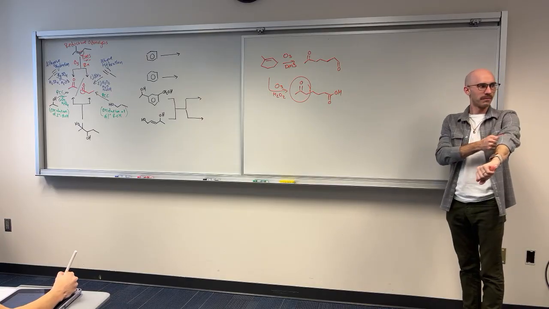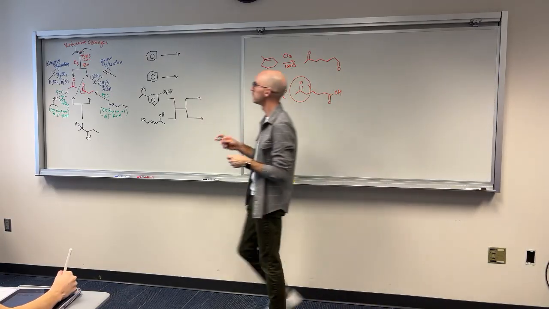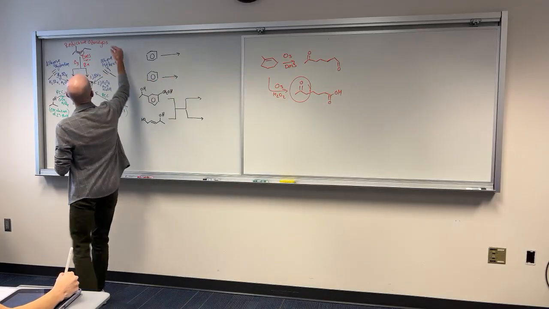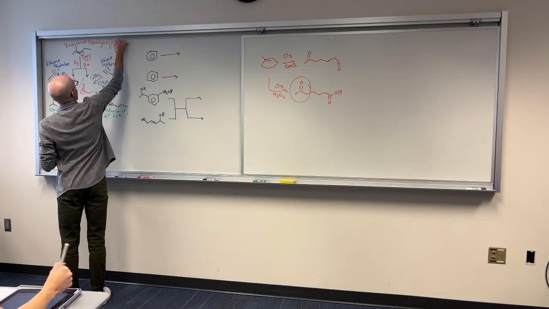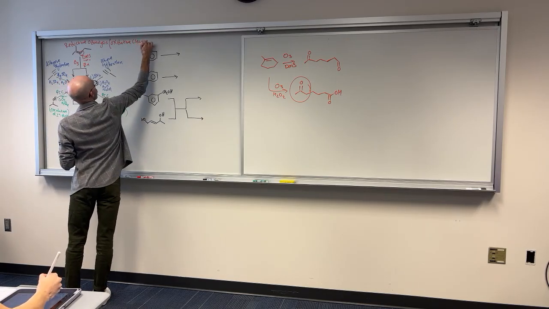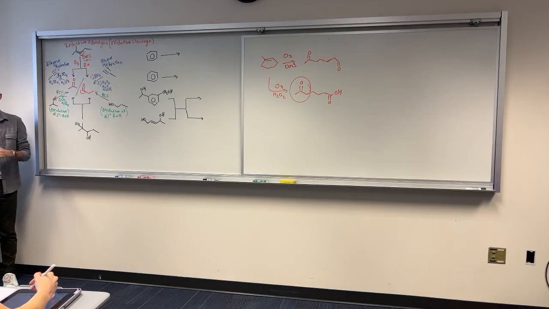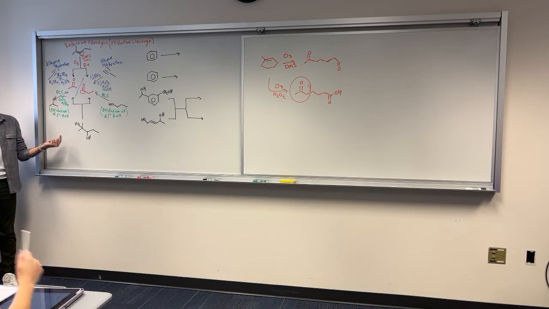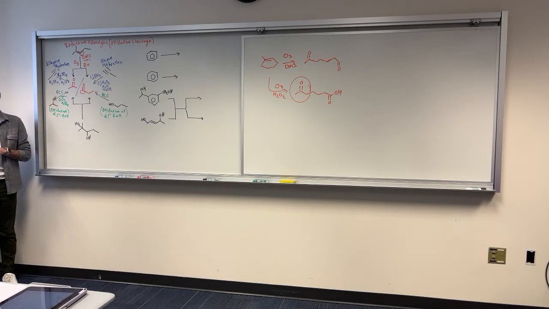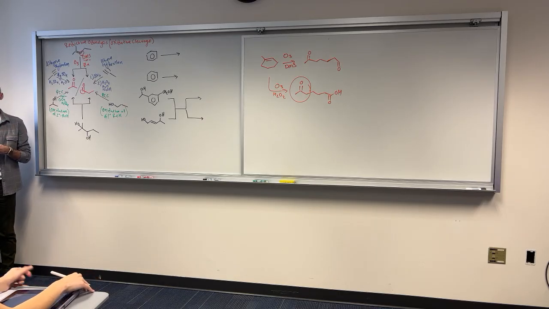From the bottom, what functional group do I have in the bottom? Alcohol. It is a diol. Can we be more specific about the regiochemistry of the two alcohols?